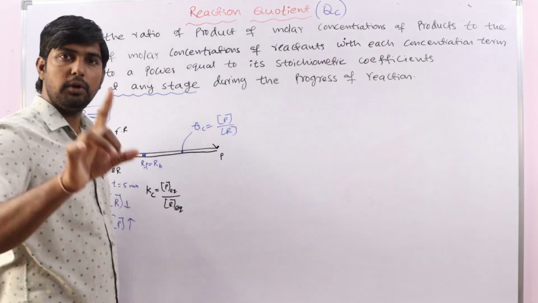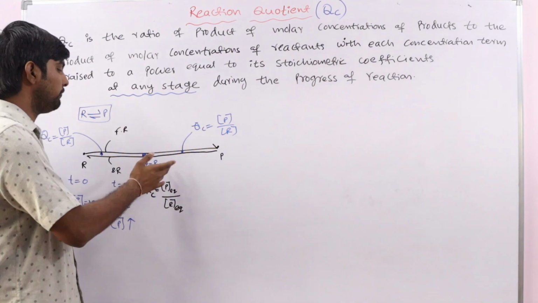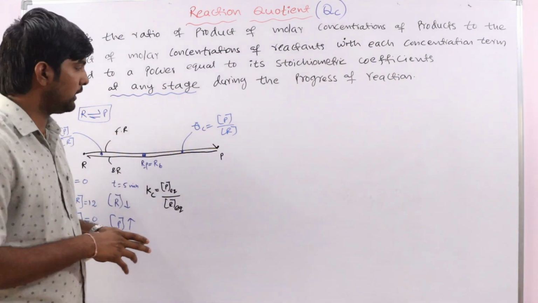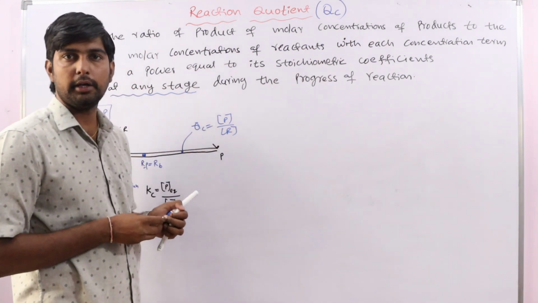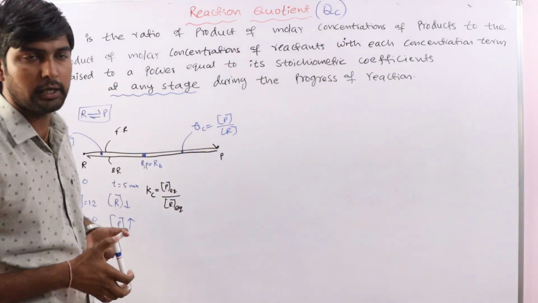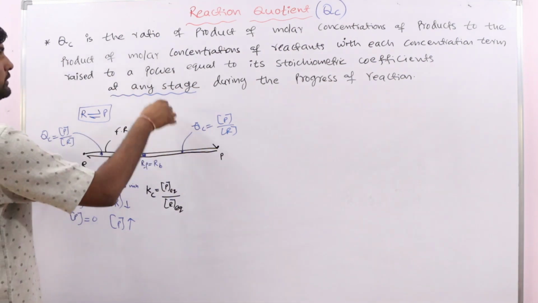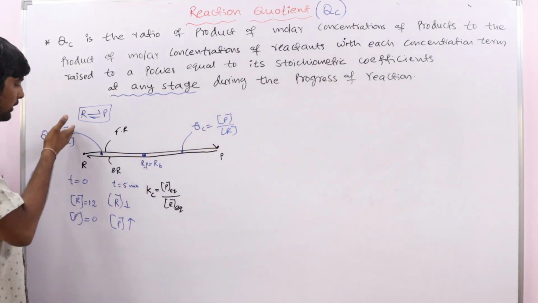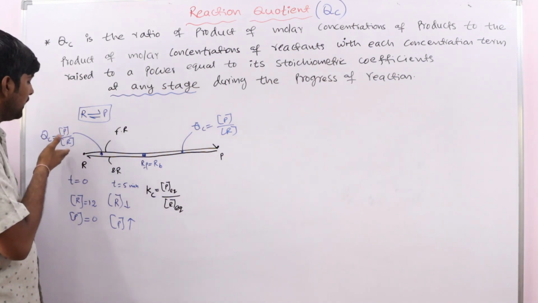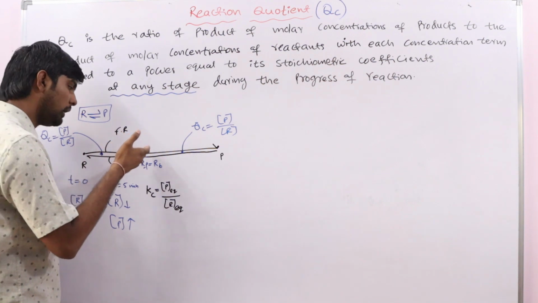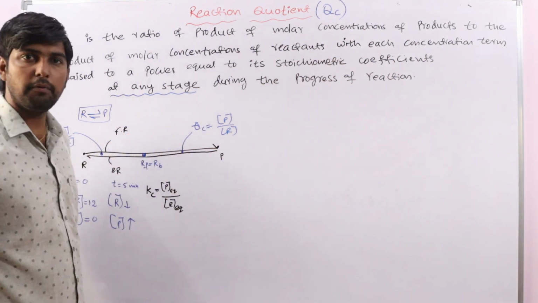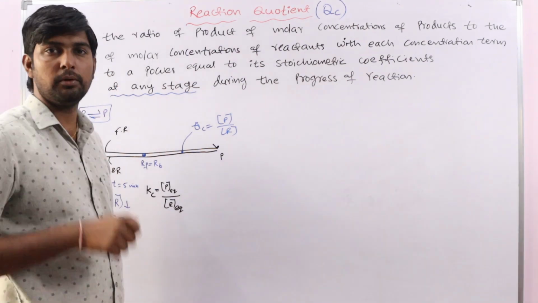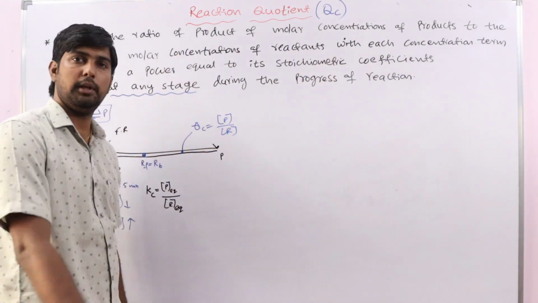Kc we can write only at the equilibrium position, when the rate of forward reaction equals the rate of backward reaction. But if you want to find the ratio of product to reactant at any stage during the reaction, for that purpose the reaction quotient concept is introduced. But Kc gives ratio information only at equilibrium.